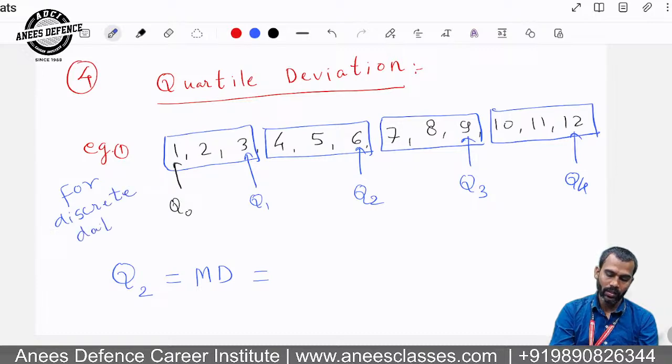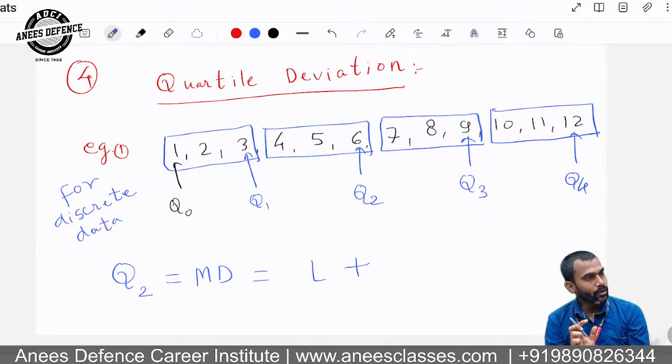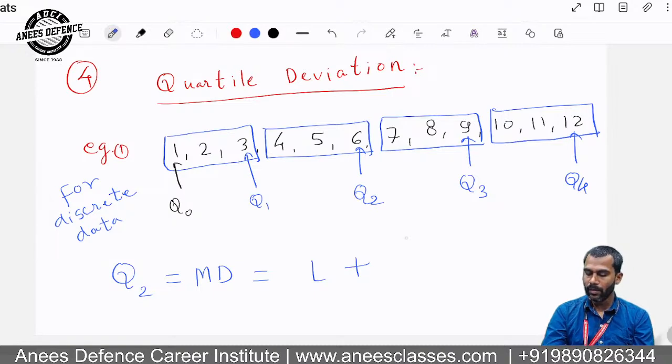For continuous data, what is Q2, which is the median? What is the formula? First of all, we have to find the median class. For that, we find n by 2, then the respective cumulative frequency, and make that class the median class. Then L plus n by 2 minus CF divided by F into H.